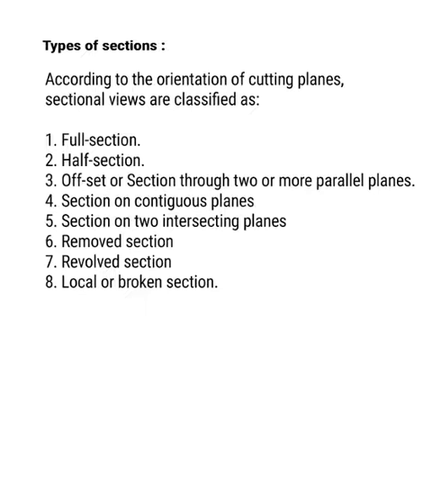According to the orientation of cutting planes, sectional views are classified as full section, half section, offset or section through two or more parallel lines, section on contiguous planes, section on two intersecting planes, removed section, revolved section, local or broken section.